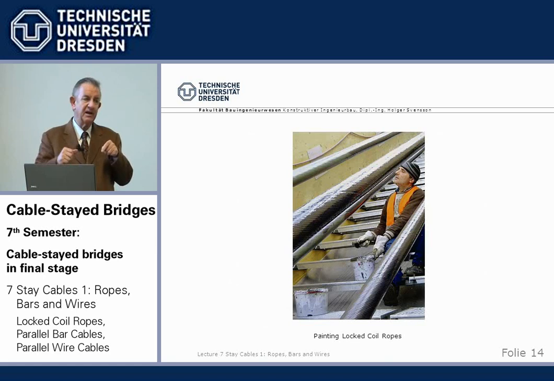And finally, after they are installed, stressed, they are painted, normally 3 layers of paint. I don't go into the details, it's all in the script. It's all highly sophisticated what is used there. But that's the basic corrosion protection. Of course, it has to be watched and later to be repainted, but basically simple.